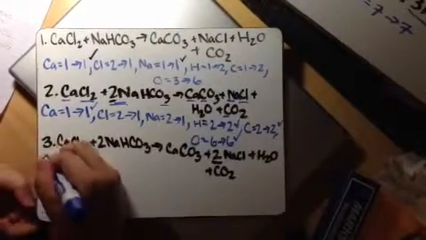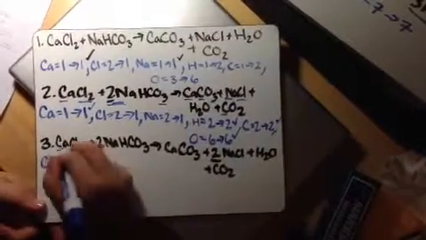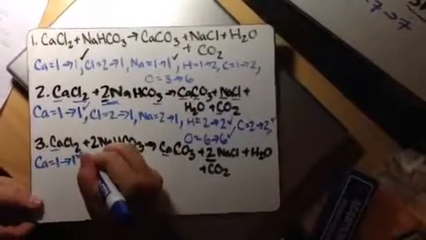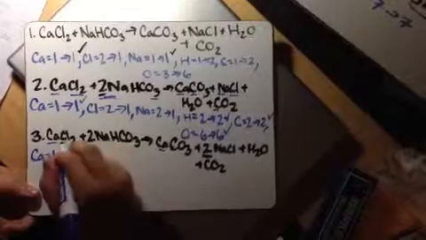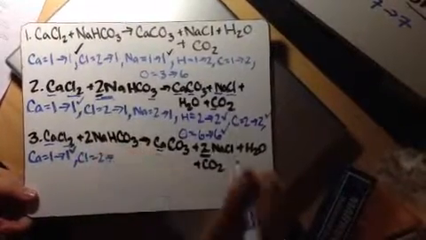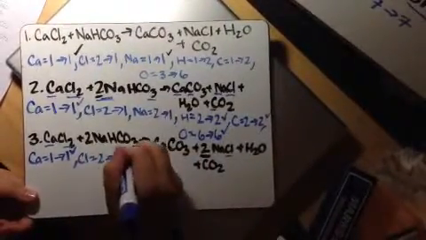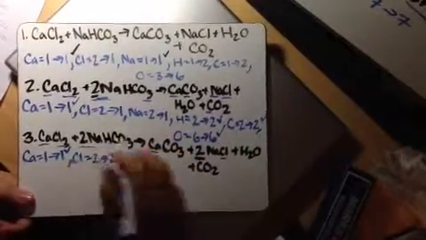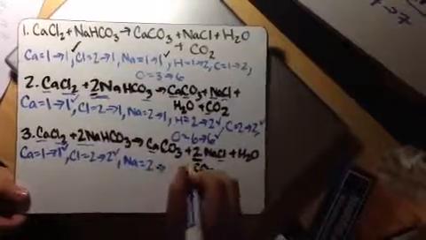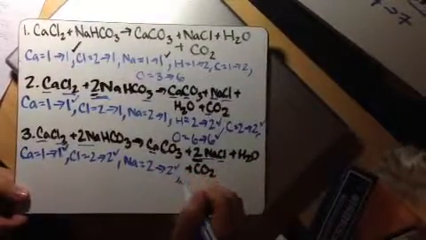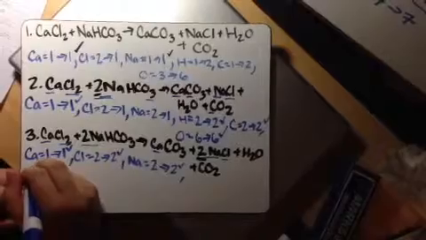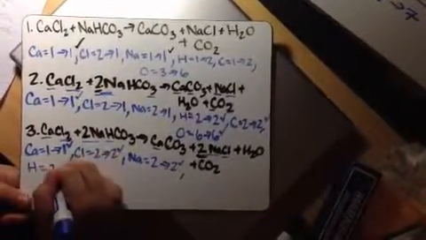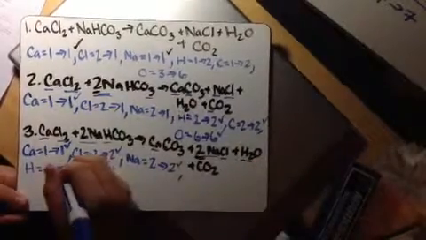So for Ca, we've got 1 to 1. Perfect. For Cl, chlorine, we've got 2 to now 2. Perfect. For Na, sodium, we've got 2 to 2 now. Perfect. For H, we have 2 to 2.